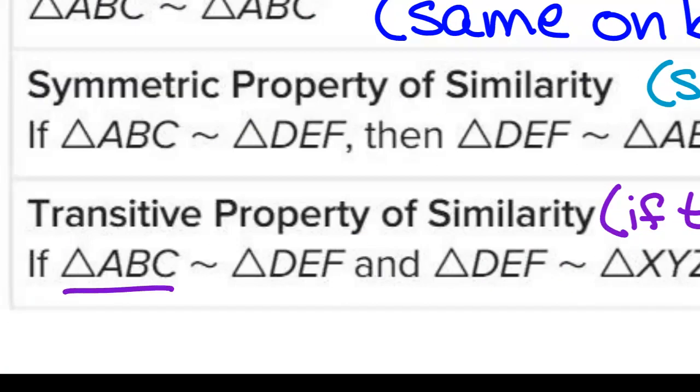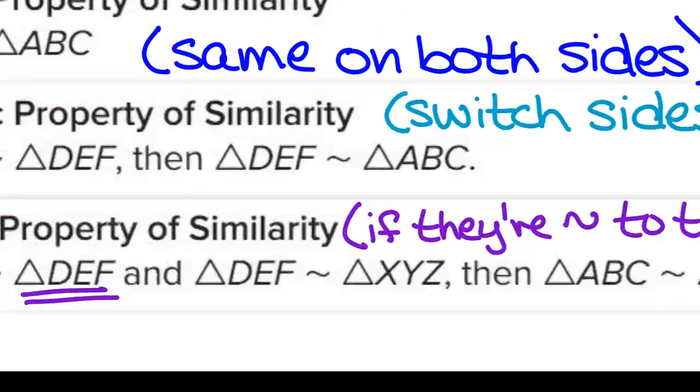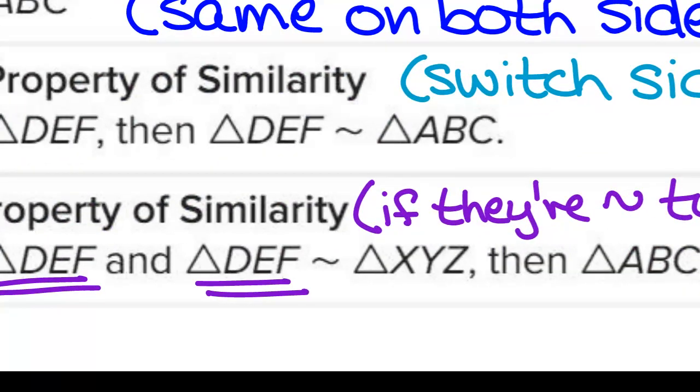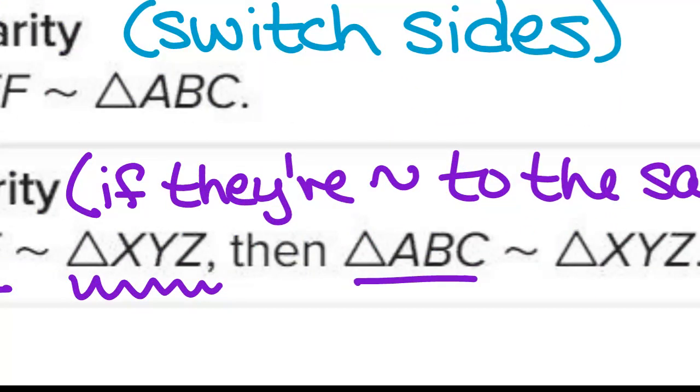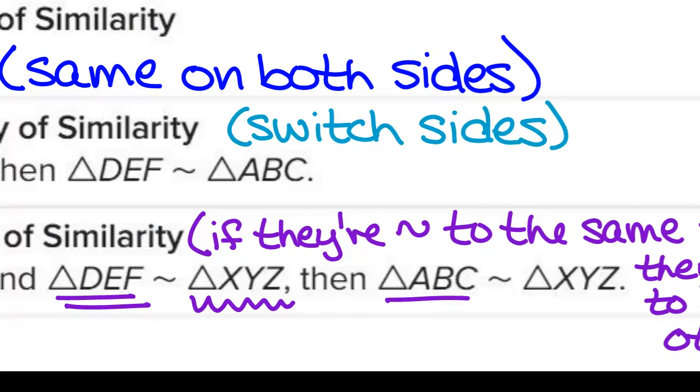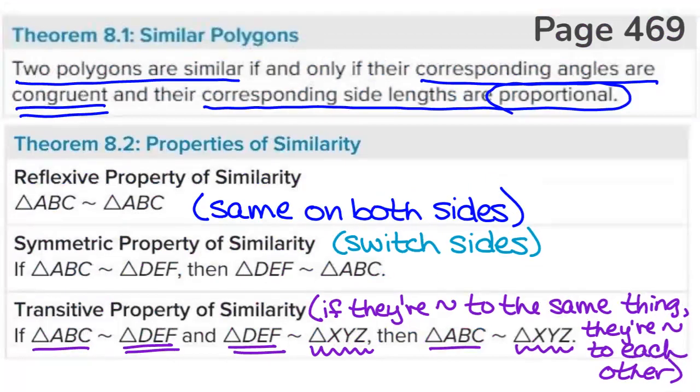I have ABC is similar to DEF, and DEF is similar to XYZ. So then ABC would be similar to XYZ. They're both similar to DEF, so they have to be similar to each other.